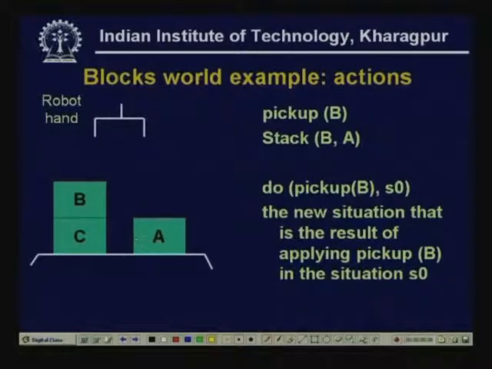Clear C S1. So clear B will not be true, but clear C will hold true in situation S1. So S1 is a new situation which is a result of executing the action pick up B in situation S0, and the situation S1 can be described by clear A, clear C, not hand empty, and not clear B, and not on BC.